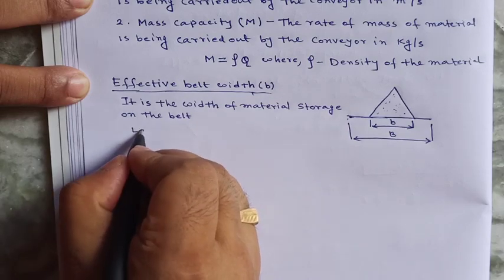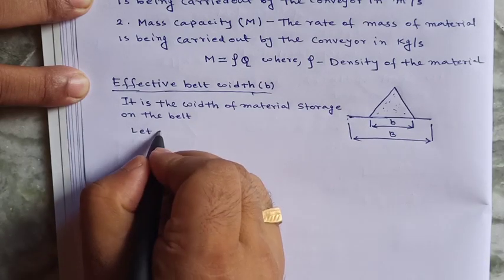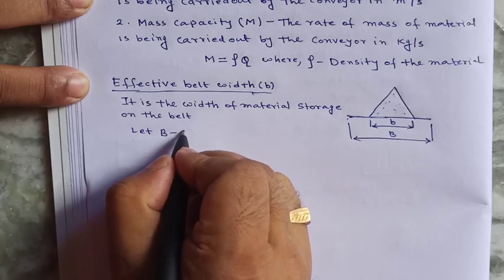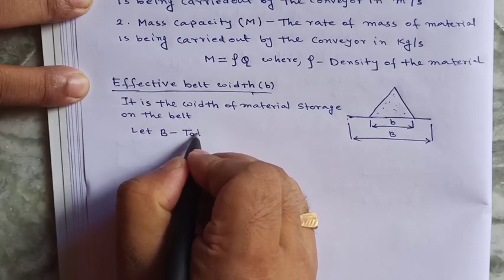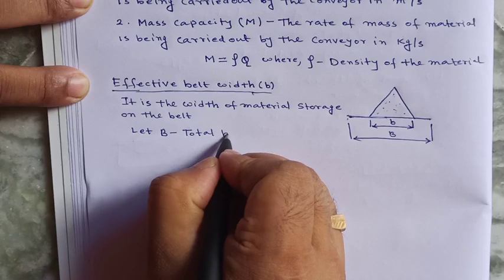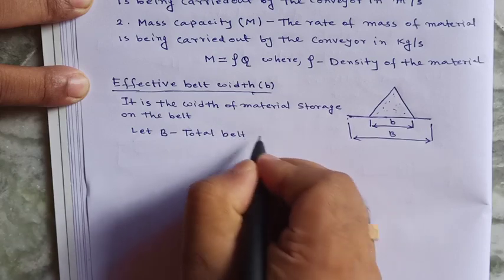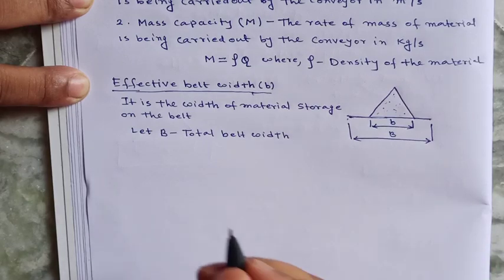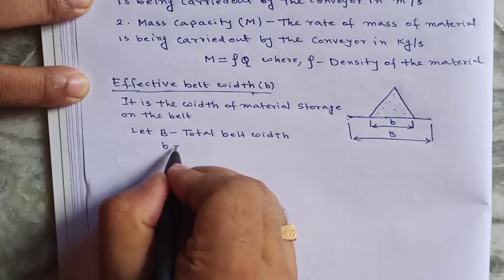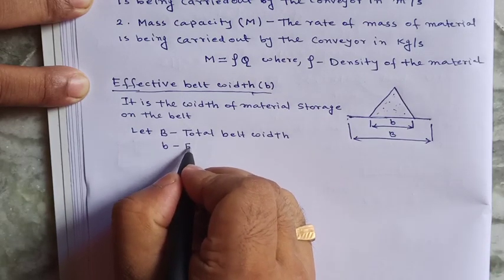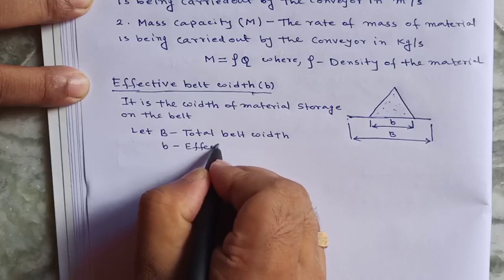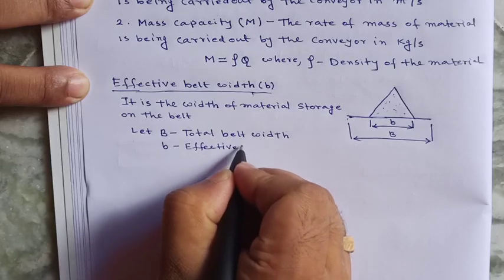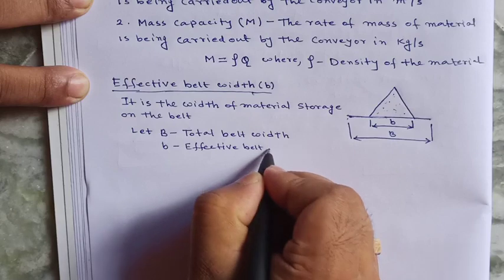Let B be total belt width and small b be effective belt width.